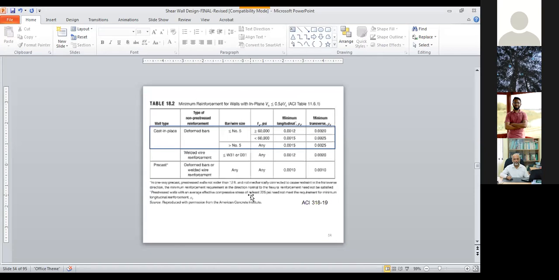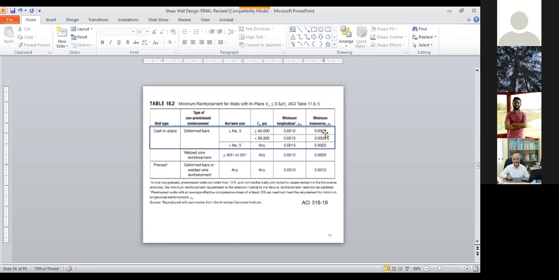I found one of the other slides, the minimum reinforcement for walls in plane, with 0.5 root f prime c Vc. If the shear force is very small, you can also use a lesser amount of reinforcement, like minimum longitudinal reinforcement and minimum transverse reinforcement. They have also provisions for less reinforcement.